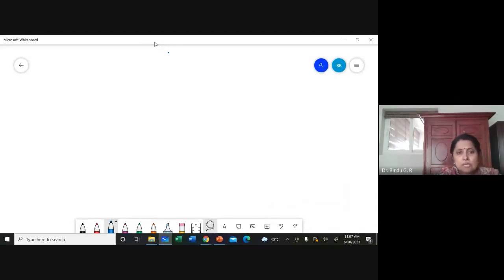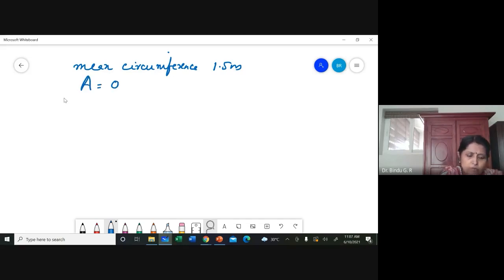A circular iron ring has a mean circumference of 1.5 meters and a cross-sectional area of 0.01 meter square.